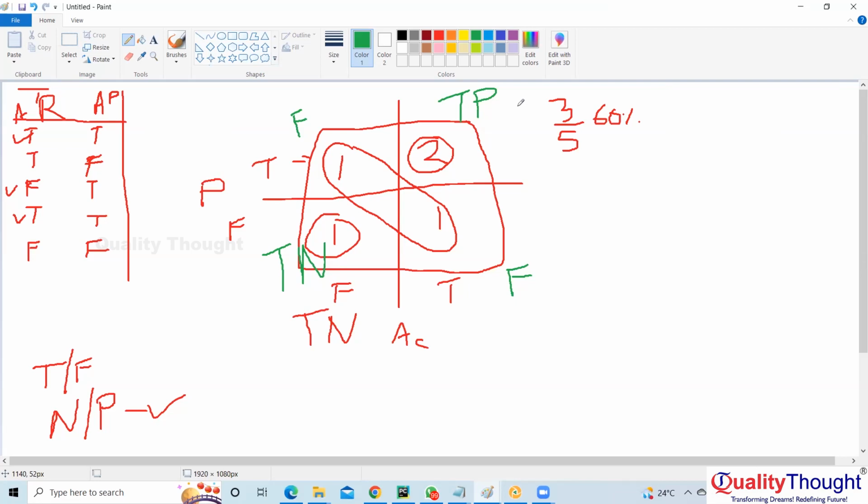The doctor sent the patient home: you are okay, fine, there's no problem with you. After a few days, the patient died because of cancer. So what did the doctor predict? Negative. And it was wrong. That is false negative.